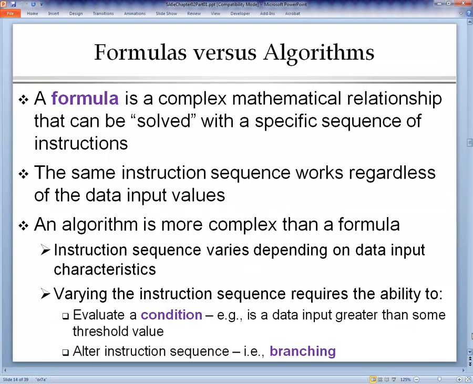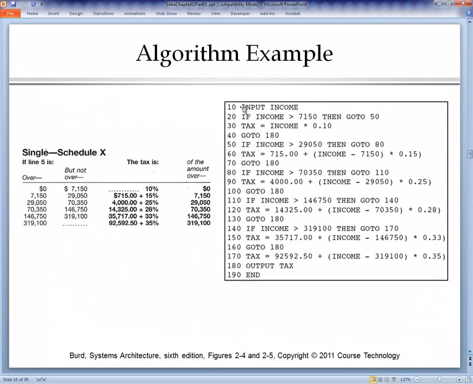If you flip forward a couple of slides, you'll see an example of a program here on the right on this slide entitled Algorithm Example, an example of an old style BASIC program. Don't try typing this into your modern Visual Studio because it won't know what to do with this. But this is an example of a BASIC program that implements the algorithm or computation that's inherent in this tax table here on the left.